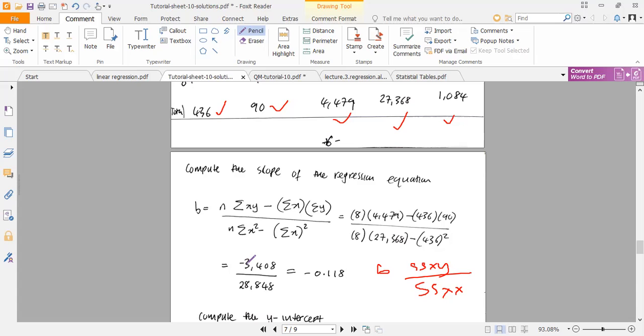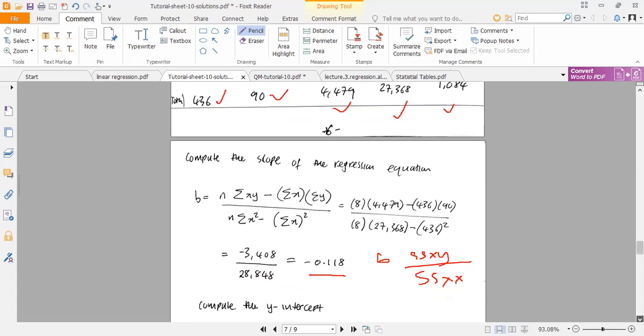xy gives you -3,1408. The x gives you 28,848. When you divide this, it gives you -0.118. Already, this is telling you the slope is negative. And without much ado, you would still tell that your R will still be negative. R squared can never be negative, but your R is negative, even from the slope.